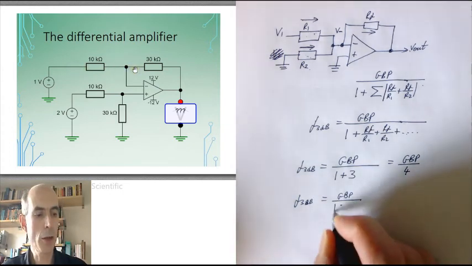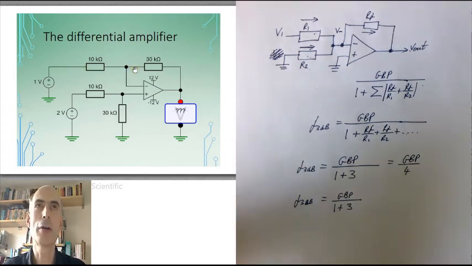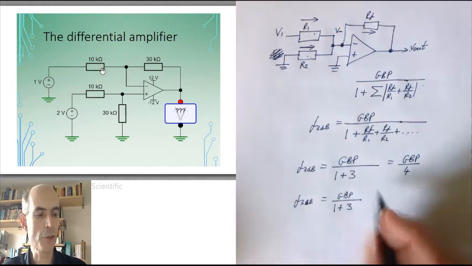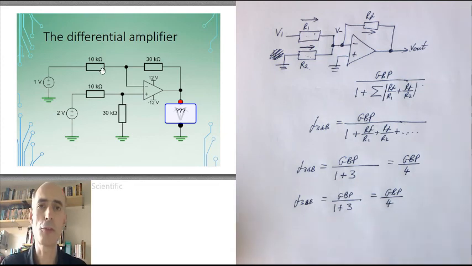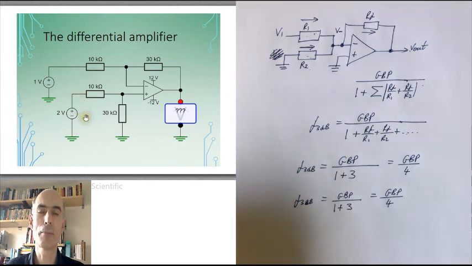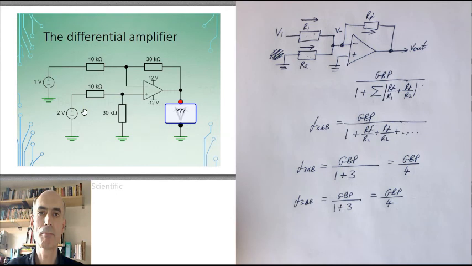So it would be 1 plus 30 divided by 10, or 1 plus 3 again, and it would be exactly the same result. So we have the fortunate result that for a differential amplifier, the bandwidth of both inputs is the same.